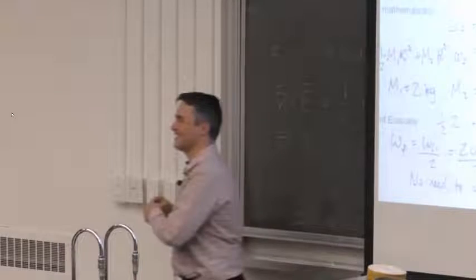Yes, question? How would you evaluate this? You're right, I'm going to lose points if I don't evaluate. Well, good question. I would just say that it is split between, I guess, 3/5 translational and 2/5 rotational.